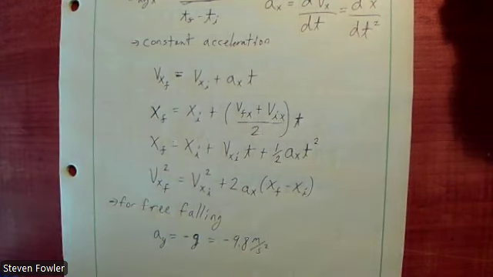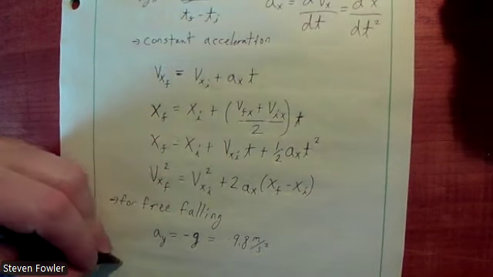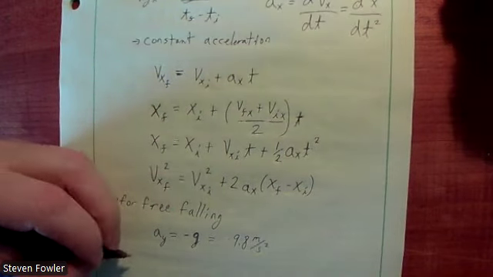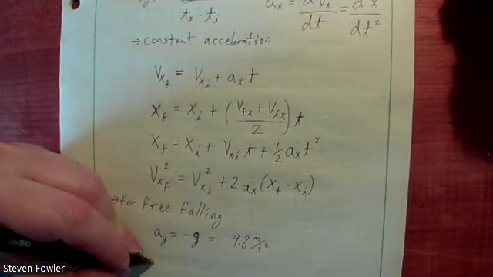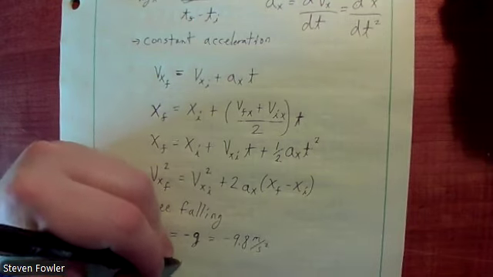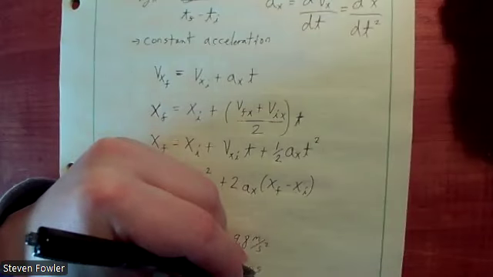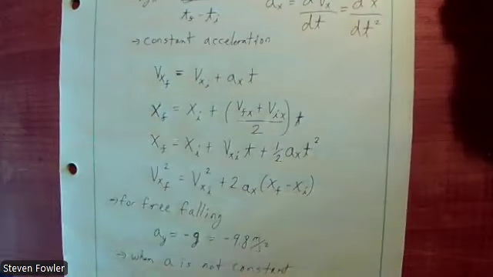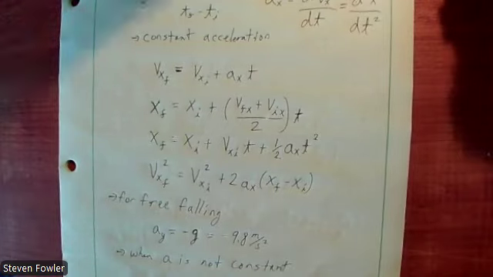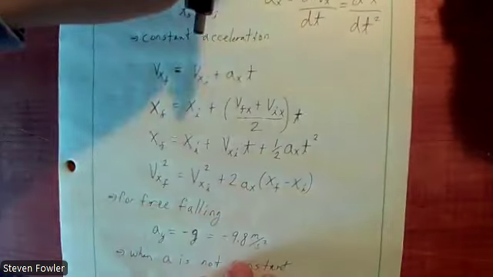Now, what else we got? When a is not constant, you guys can just barely see that, so I've got to move some of my other sheets out of the way here.